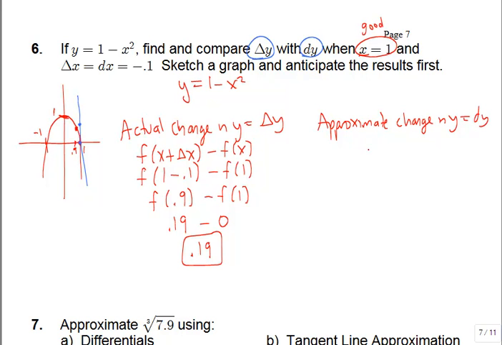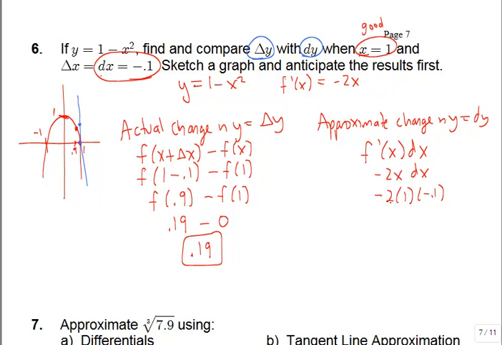And the formula for dy is f prime of x dx. So we need to know what f prime of x is. So f prime of x is just the derivative of this parabola, which would be minus 2x. So we're going to substitute in 1 for x, because x is our good point, and dx was this negative 0.1.